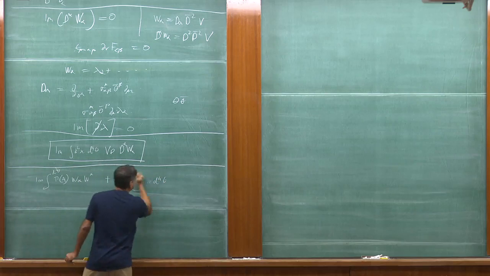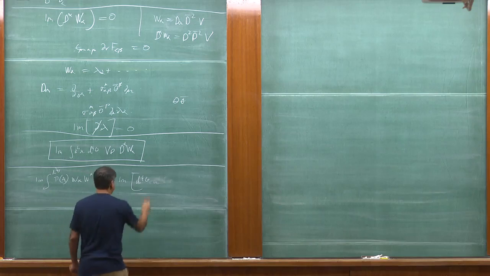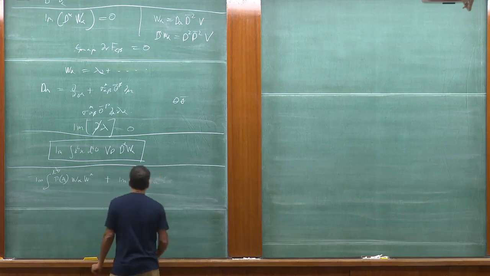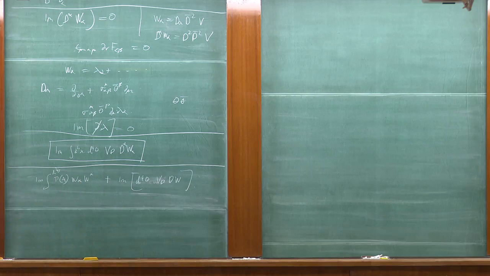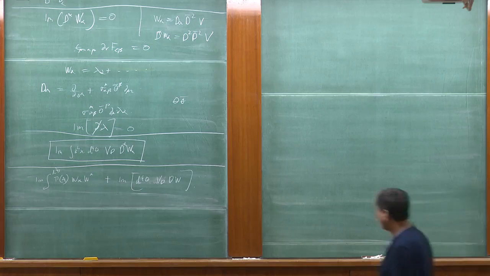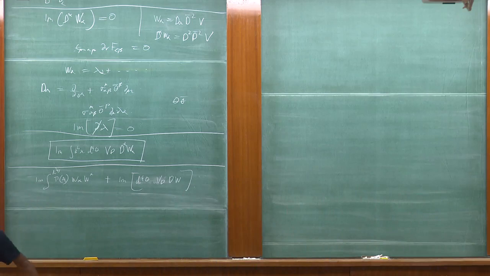I'm not writing d4x, that's obvious, but some terms are d4 theta, some terms are d2 theta, so we write d4 theta Vd times dw, and then do the path integral, ignoring the fact that w was constructed out of v as d alpha d bar squared on v, just treating w alpha to be an arbitrary chiral superfield. Is this okay? Fine.